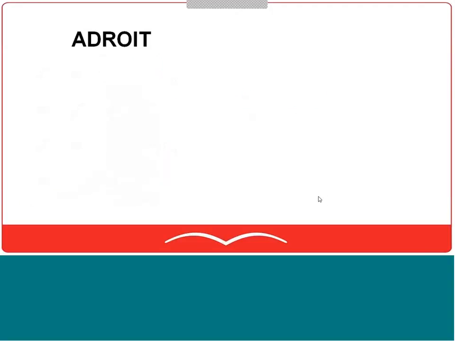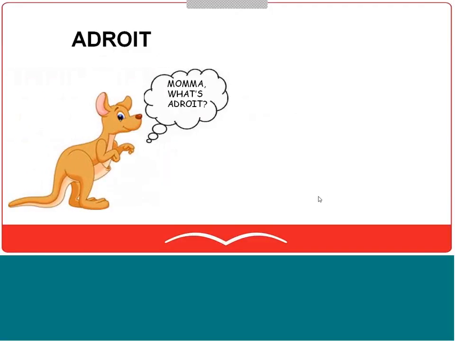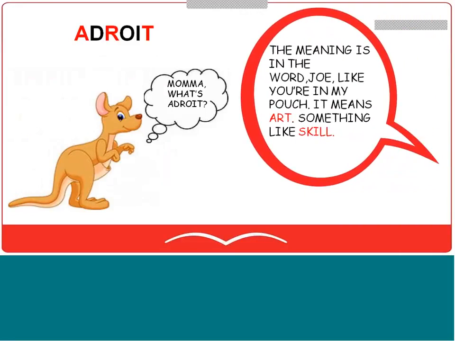For example, the word adroit. Very good, Vishalini. Adroit means artful, skillful. Remember the Artful Dodger from Oliver Twist? How skillful he was in stealing people's wallets?